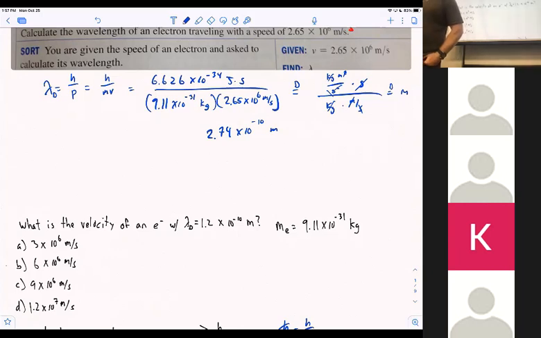Okay, so how many people think A? How many think B? Actually, a lot of people, there's 3 that said B, and that's the right answer. Where are you getting stuck? We can set this up.